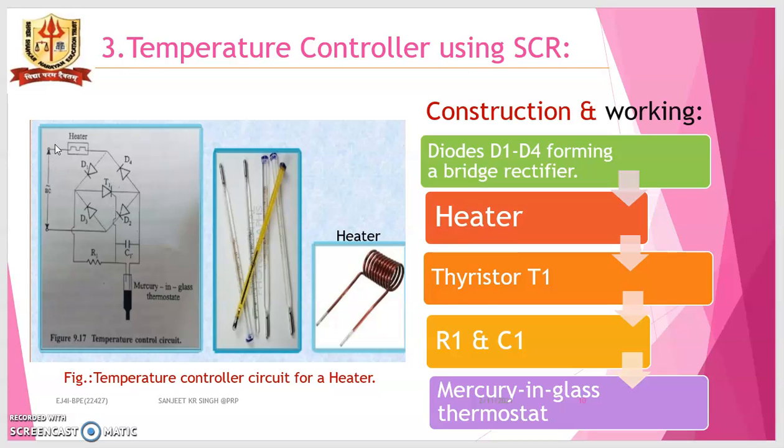Then there is a heater, the temperature of which has to be controlled. R1, R2 and C1 are the external components connected, and a mercury in glass thermostat is there.